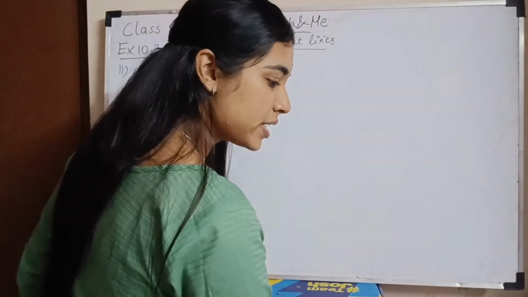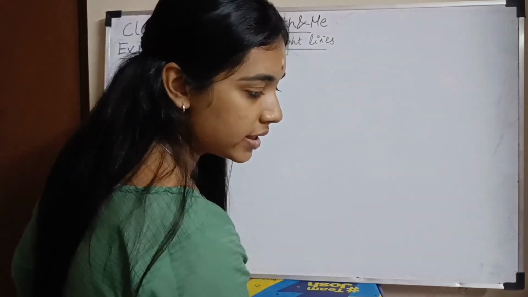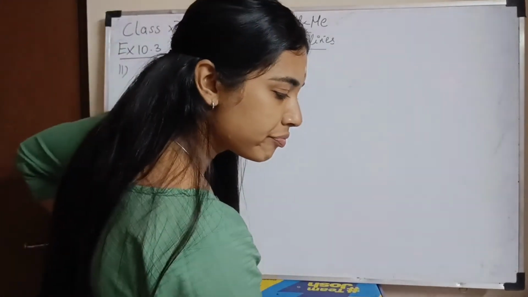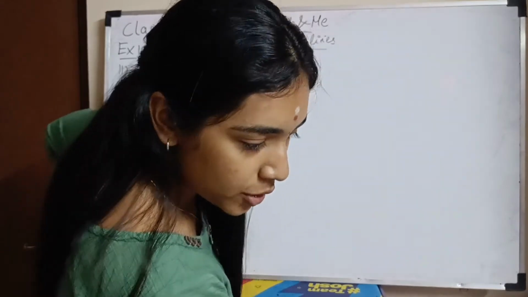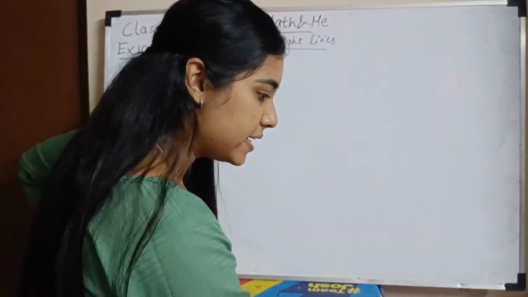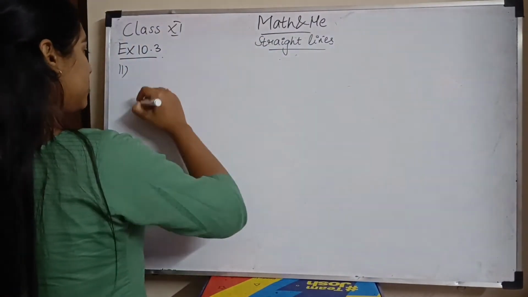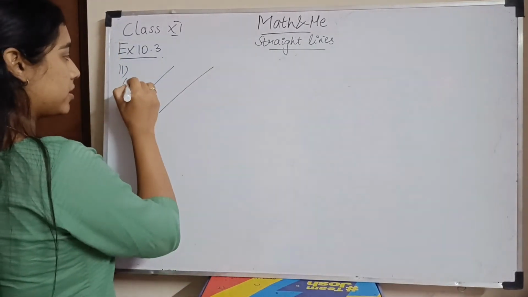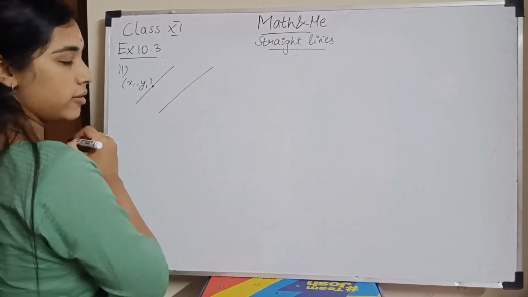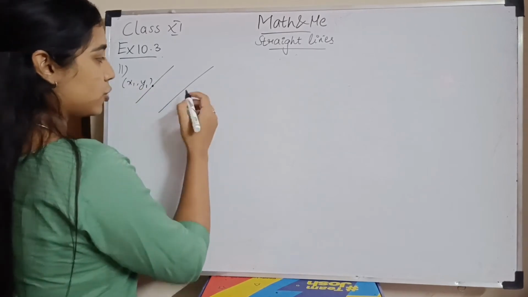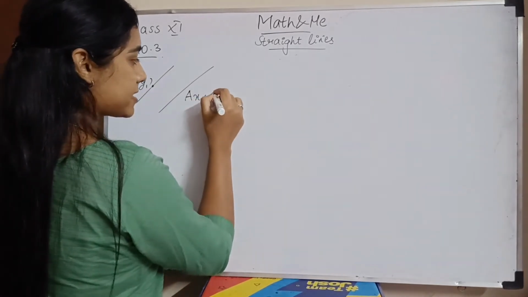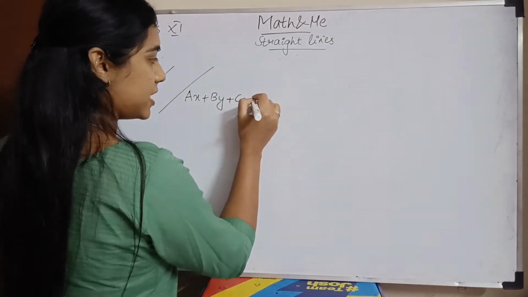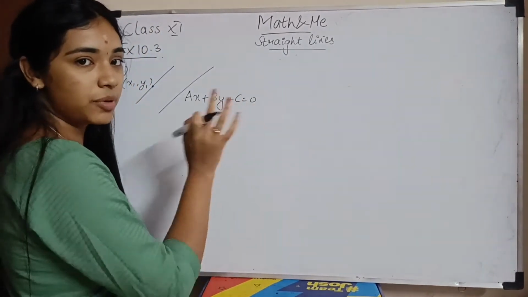Question number 11. Prove that the line through the point (x1, y1) and parallel to ax plus by plus c equals 0 is a(x minus x1) plus b(y minus y1) equals 0. So you have a line which passes through the point x1, y1 and is parallel to the line with equation ax plus by plus c equals 0. This is how you interpret the question.